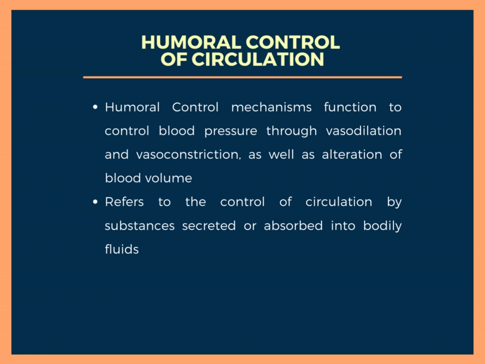Humoral control refers to the control of circulation by substances secreted or absorbed into bodily fluids, such as hormones. Some of the substances secreted or absorbed are formed due to special glands and transported in the blood all throughout the body. Others may be formed in local tissue areas and only cause local circulatory effects as well.